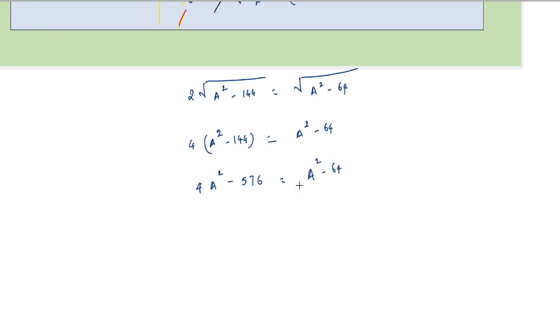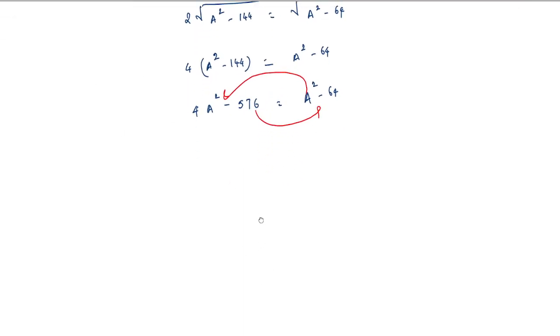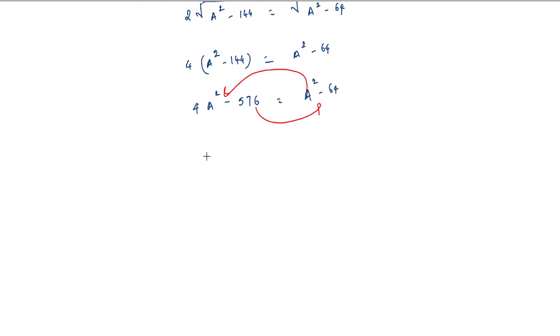Let's bring this a square to this side and take the constants to the other side. Then that would leave us with 3a square, because 4a square minus a square is 3a square, is equal to 576 minus 64, and that leaves us with 3a square is equal to 512.